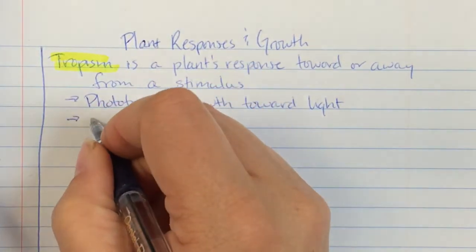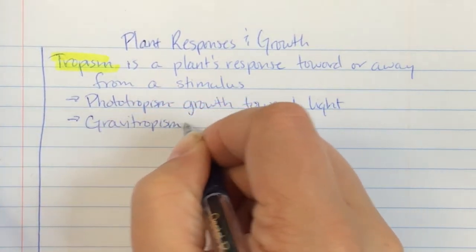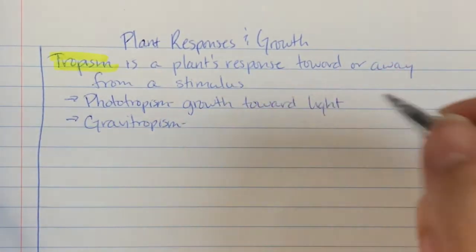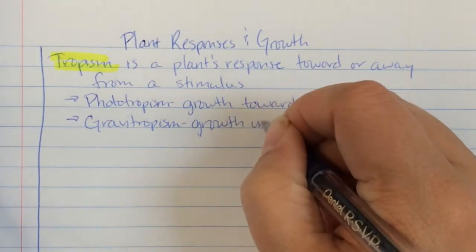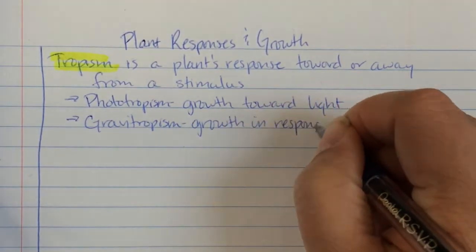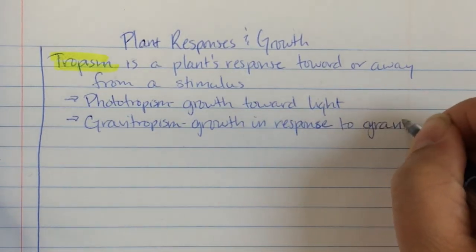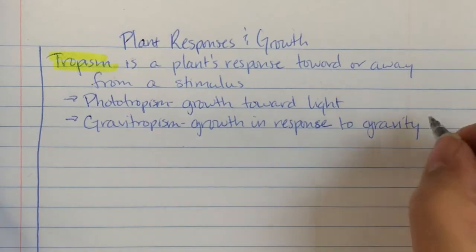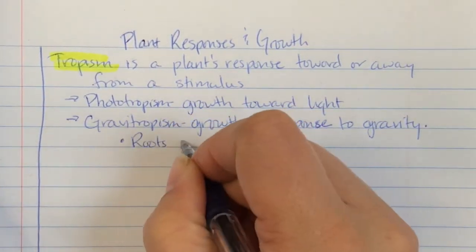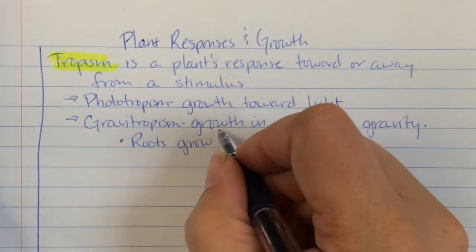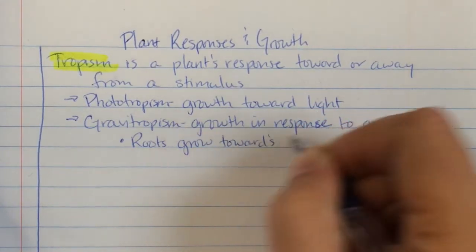Another one is gravitropism. And so this is growth in response to gravity. So up versus down. And so what we tend to see is roots grow towards gravity, or the gravity's pull.